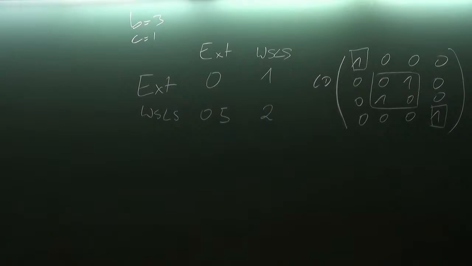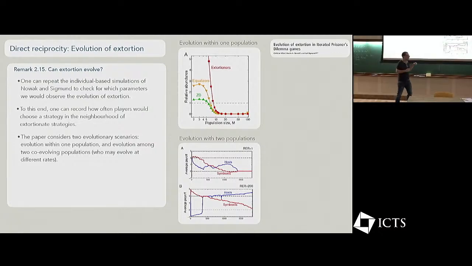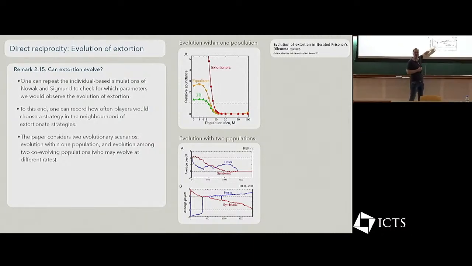But you also see that if the host evolves at a much slower rate than the symbiont, so the host is very slow in evolving, then in the beginning there's an advantage to symbionts because they can exploit the host. The host in the beginning plays something like all C. Symbionts learn that against this host they can just always defect.